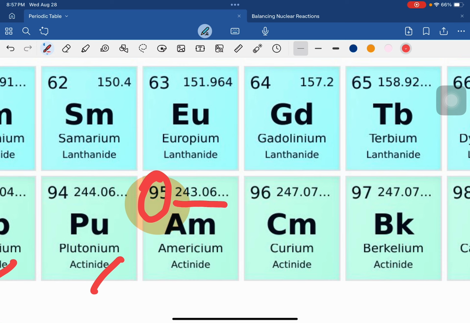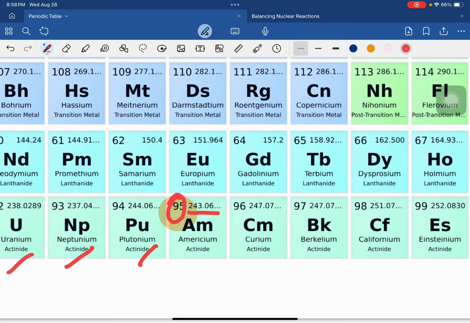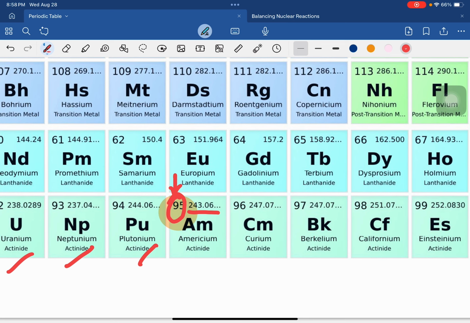The mass number may be different, as the case may be, maybe when it reacts with another element, or different periodic tables would present it differently. So in our case, we'll be sticking to what's constant, and the constant number we have would be the atomic number. Let's go back to the module.